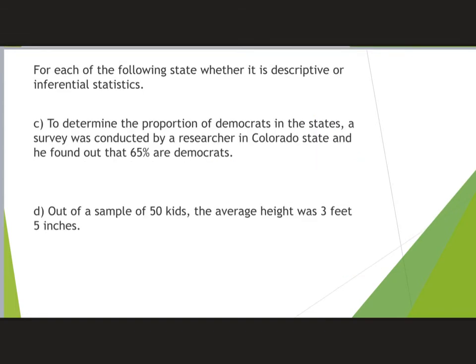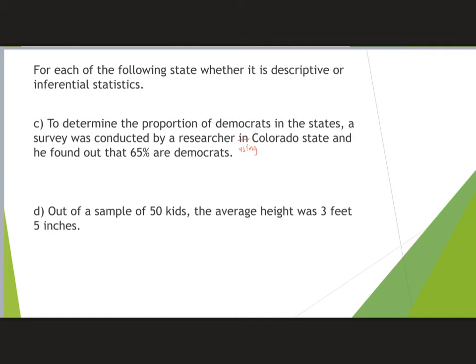Okay. To the third example, to determine the proportion of Democrats in the state, a survey was collected by a researcher using Colorado State, and he found that 65% are Democrats.